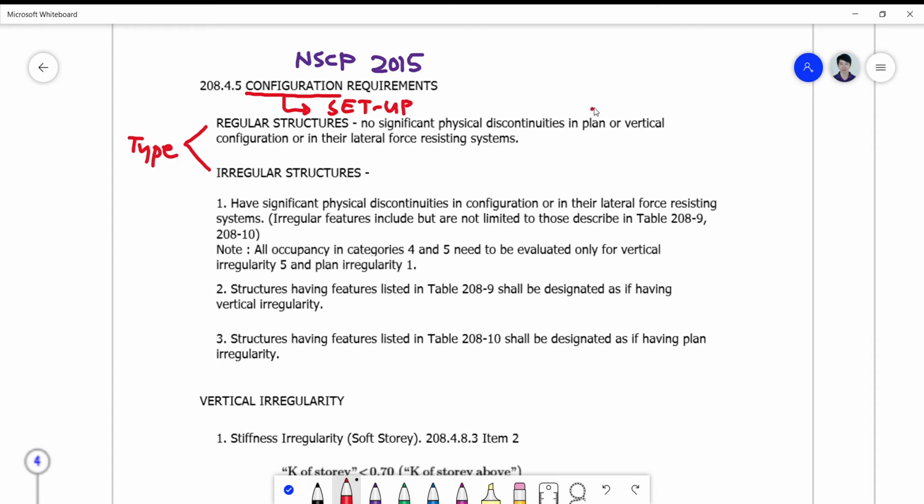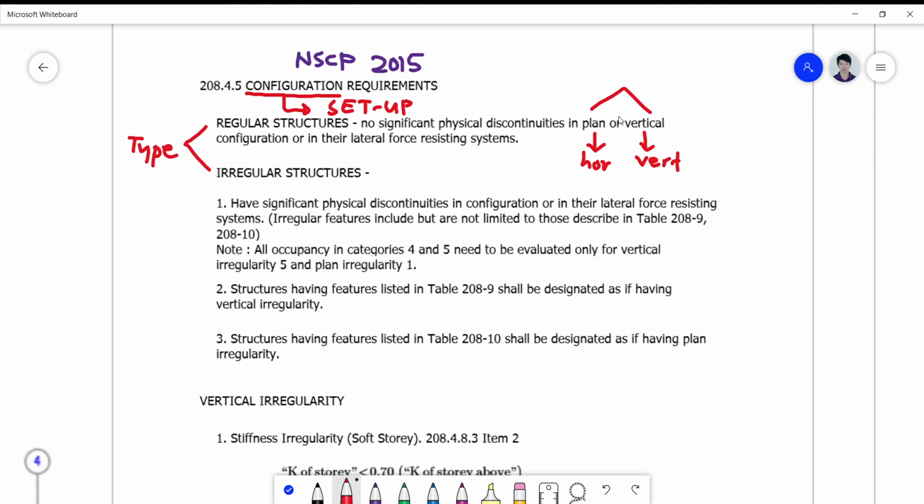So we have the plan and the vertical setup. Okay, so when you say plan, this can be termed as the horizontal setup, and this is the vertical setup. Okay, so you have to check on the regularity and irregularity based on the horizontal or the plan and the vertical configuration of the building.